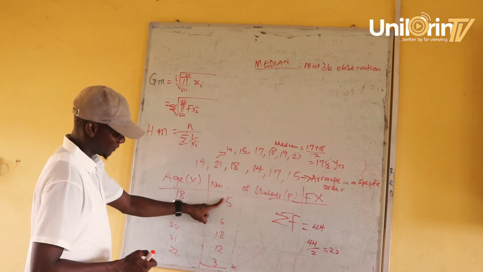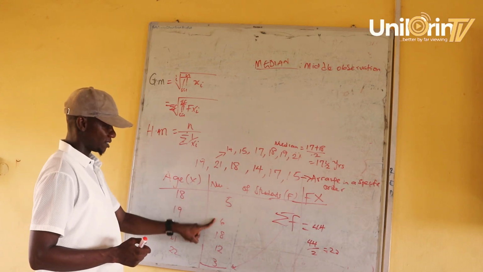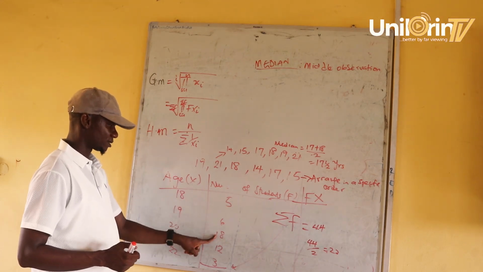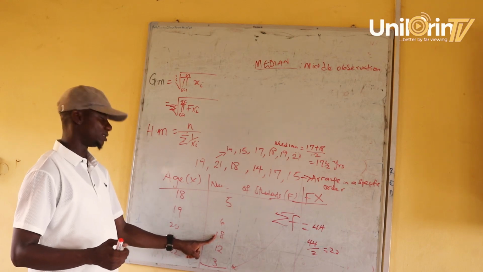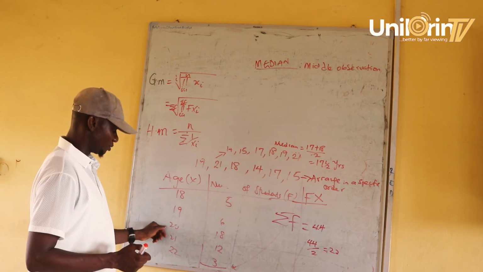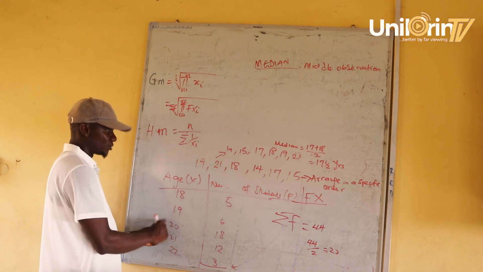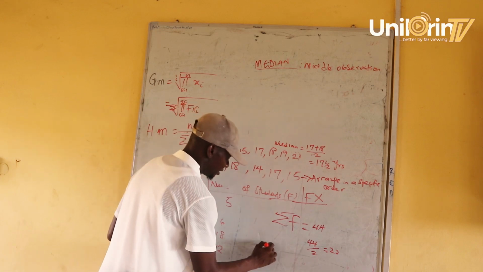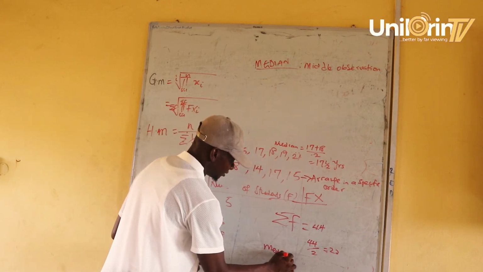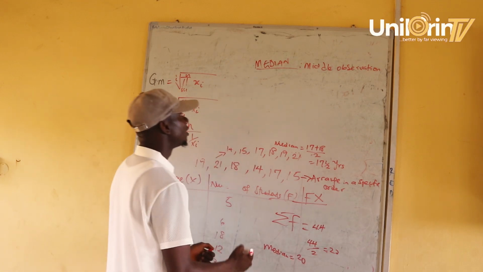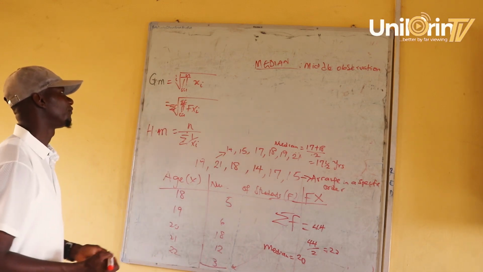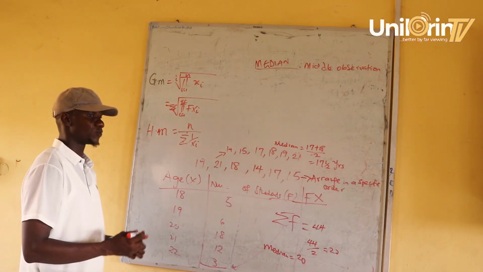Simple, just keep adding. 5 plus 6 is 11, plus 18 is 29, which means number 22 is already falling here. You can see that 20 is our median. Easily, median equals 20.